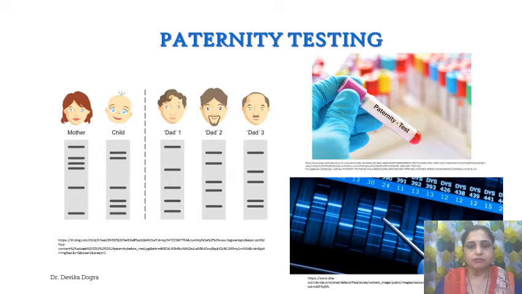Now the question comes, how accurate is the DNA paternity test? So I would like to tell you that DNA paternity tests are extremely accurate. A test can show with 99.9% accuracy if a man isn't a person's biological father.